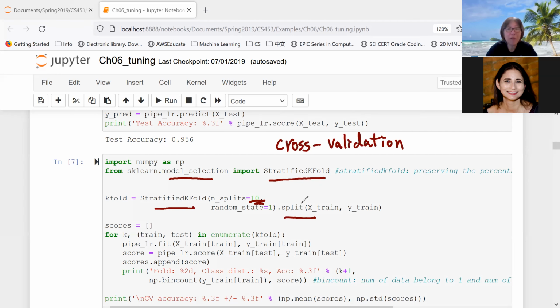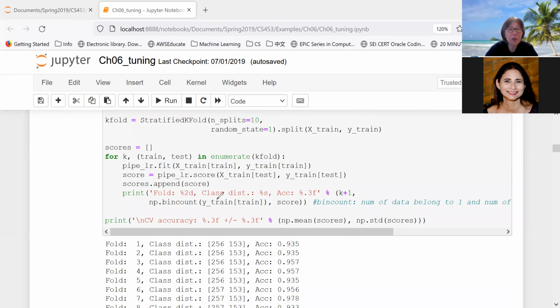What this example tries to show us is that this k-fold will record each fold's information. So we can do a loop, and for each fold, we train with our pipeline model.